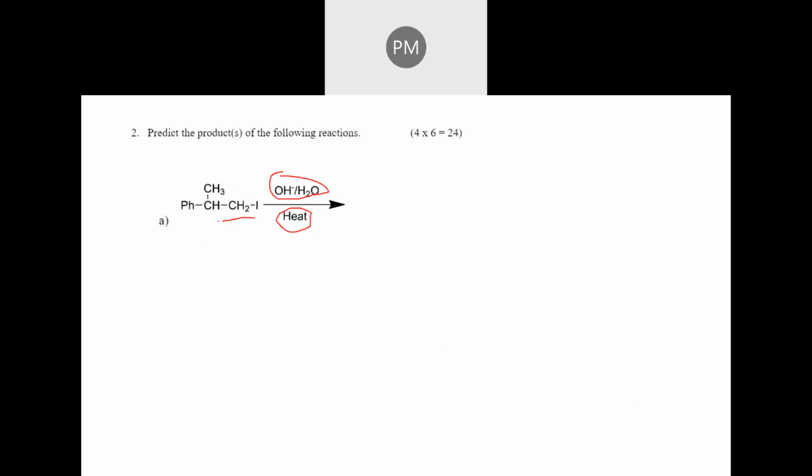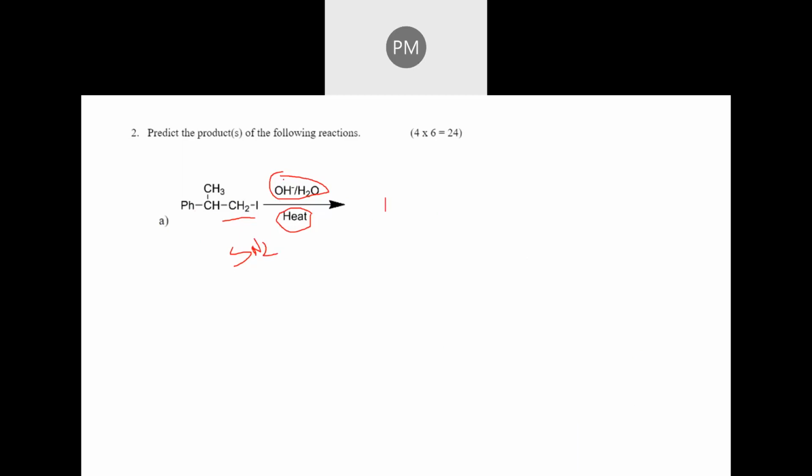If we have a 1 degree carbocation and a strong nucleophile like OH minus is present, that will favor the SN2 pathway. If this is the SN2 pathway, what will be our product?